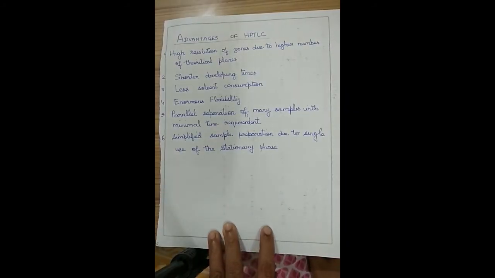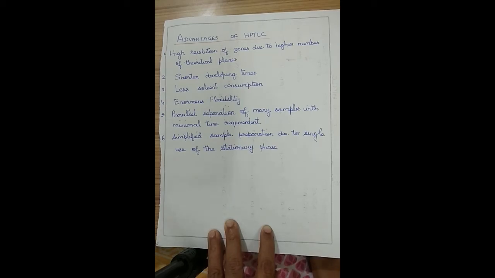Component having less affinity towards stationary phase moves fast or vice versa, leading to formation of different bands or zones after traveling different distances. The next heading we will be discussing is advantages of HPTLC. It is found that HPTLC has high resolution of zones due to high number of theoretical plates. It has shorter developing times.